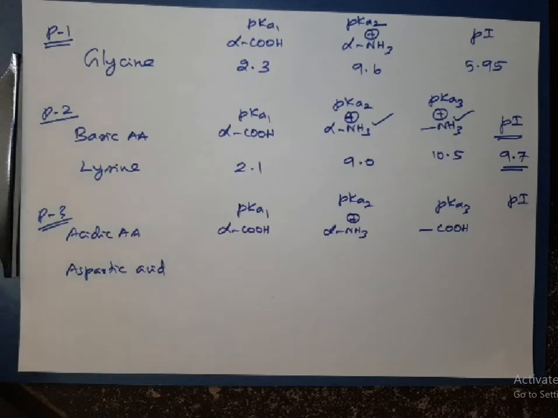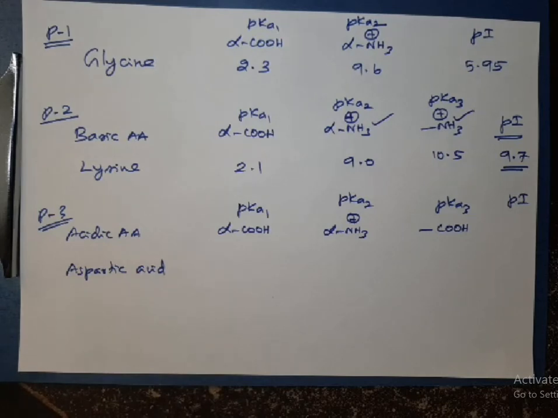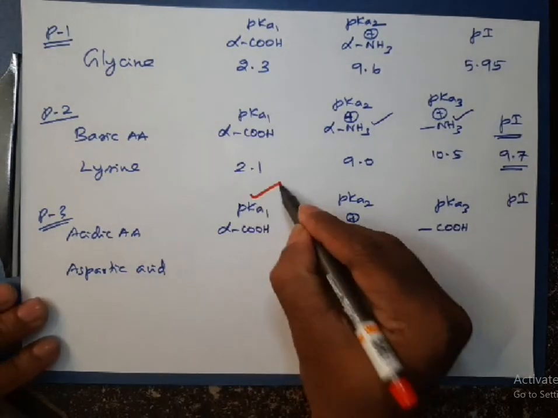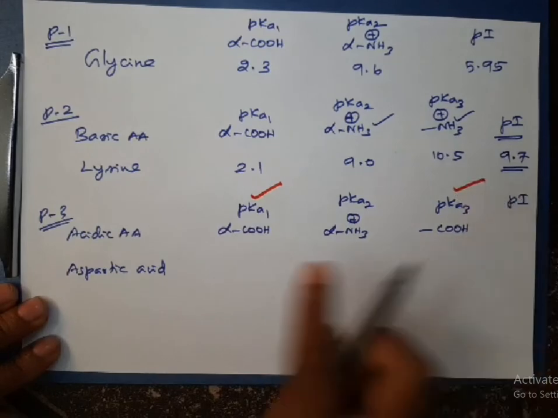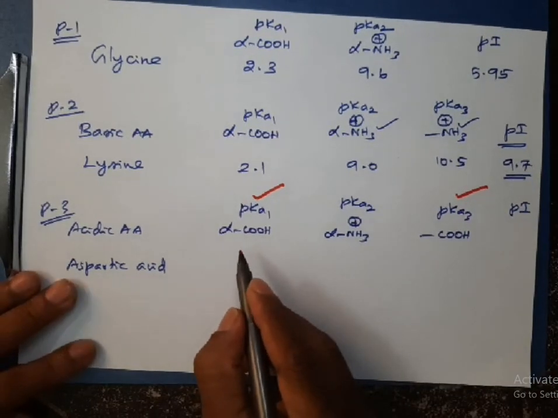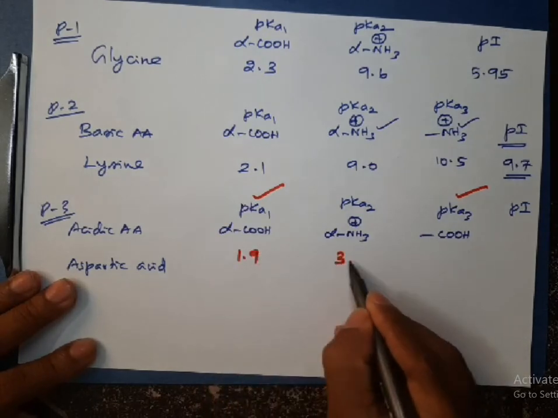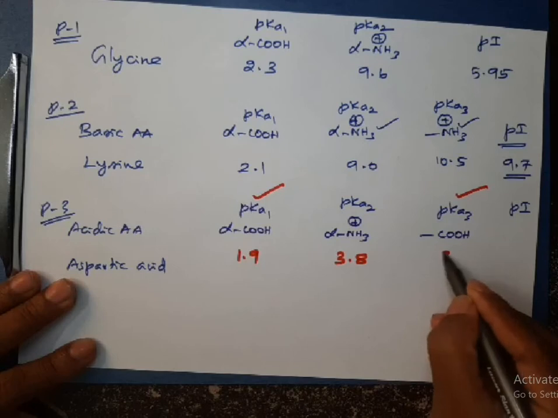Don't worry about the formulas. Just see and tell me which pKa values we should consider. For acidic amino acids, we should consider only the COOH group values, right? Let me give the values for aspartic acid. This is 1.9. This is 3.8. Then this is 9.8.